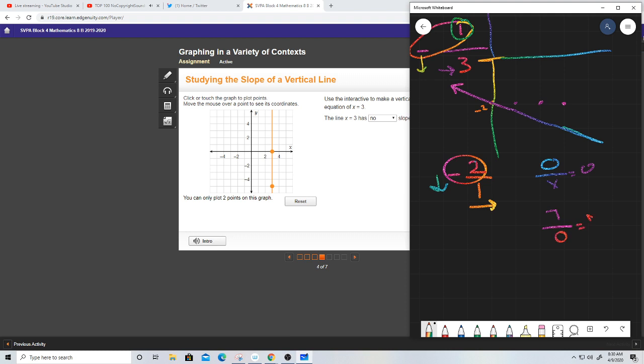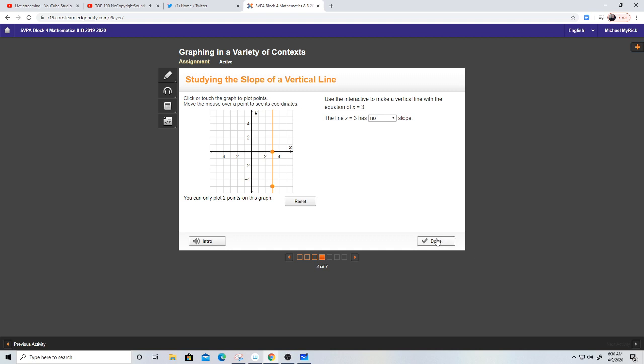This is N/A, undefined, or no slope. It's just like you can't divide something 0 ways. You can give 10 cookies to one person, you can give 5 cookies to 2 people, but you can't give any cookies to 0 people. It doesn't make any sense. That's why it's undefined or no slope.